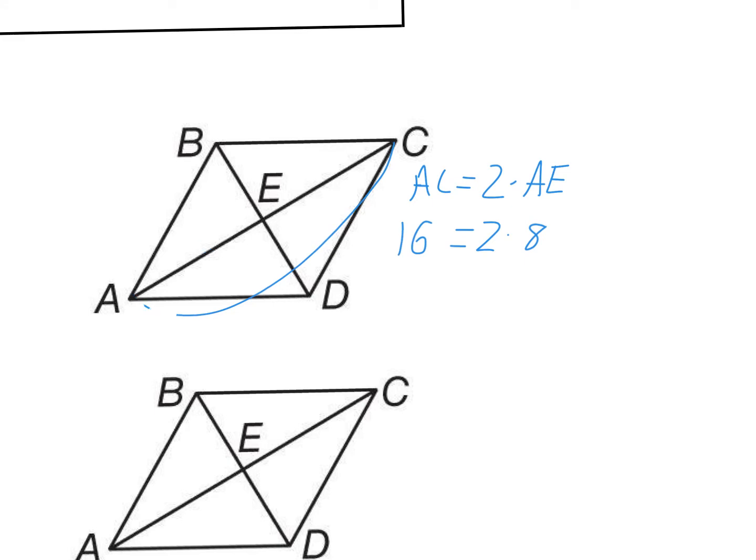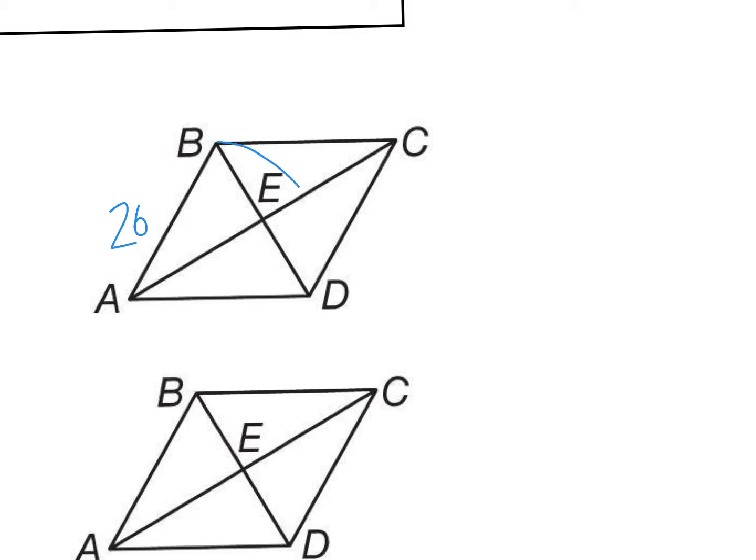Number 3. If AB is 26 and BD is 20, find AE. I want to find my AE.